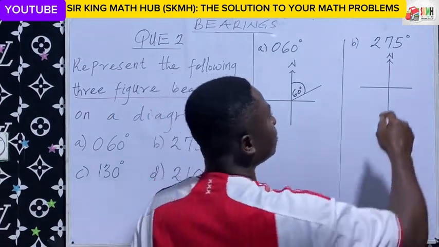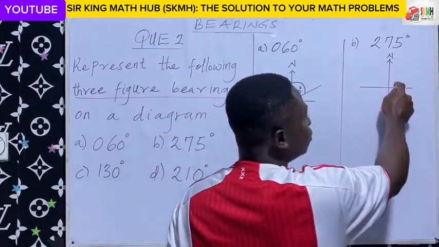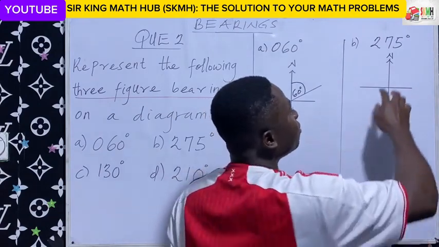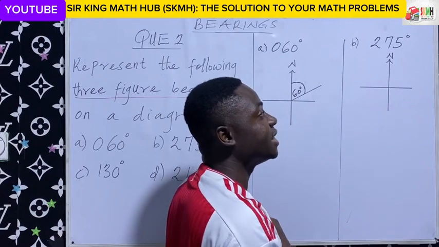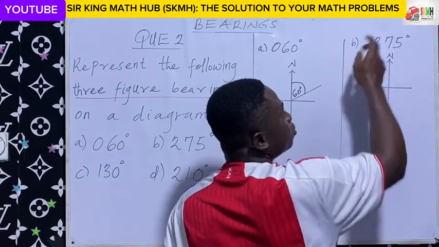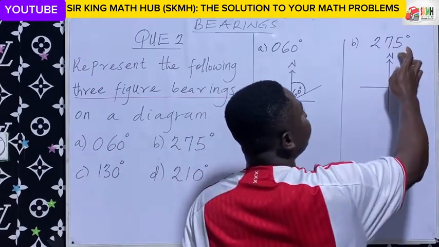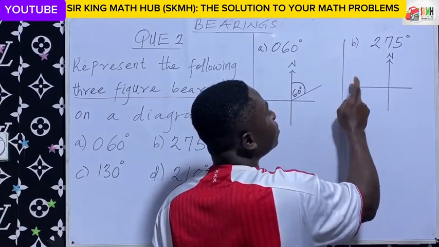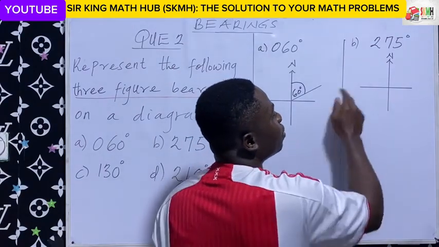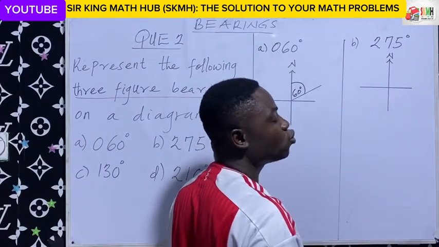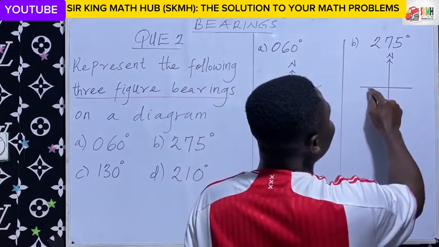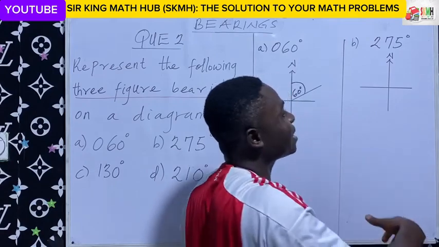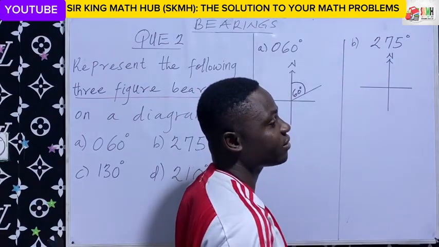So we know that from the north to the east, that should give us 90 degrees. From the north to the south, that should give us 180 degrees. We are still not up to 275. From the north up to the west, that should give us 270 degrees. So the question is, 270 degrees plus what angle should give me 275?